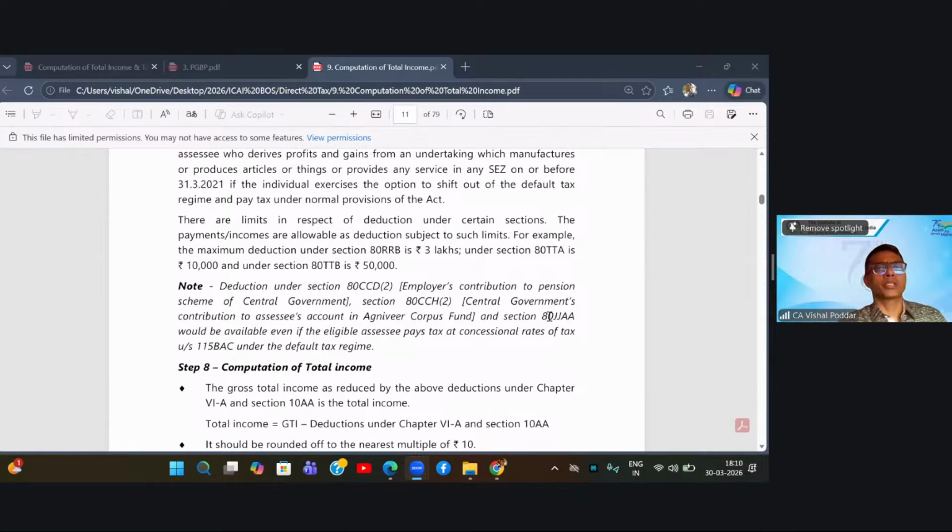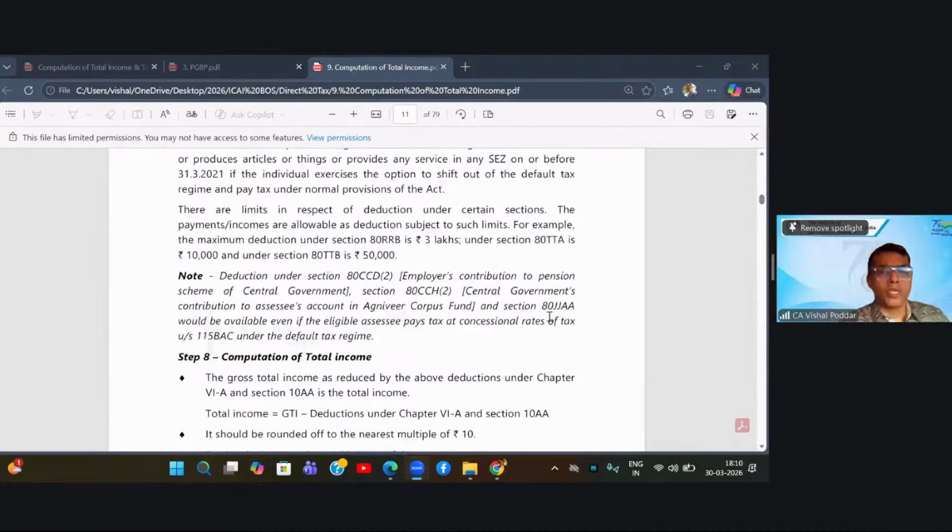And then the last is 80JJAA. These are the only three deductions under section 80 which will be allowed in the default regime or the new scheme. All other deductions will be allowed if and only if you are in the old scheme, that is, you opt out of the new scheme.